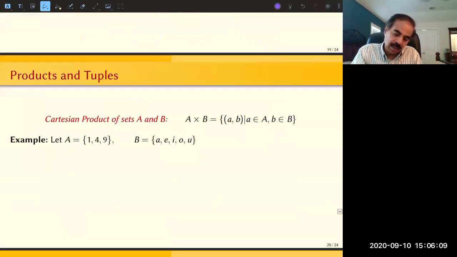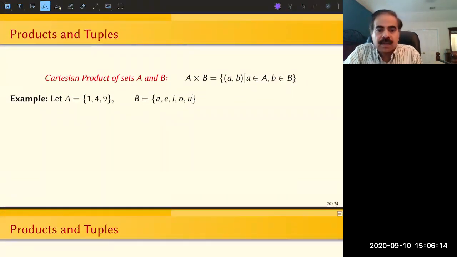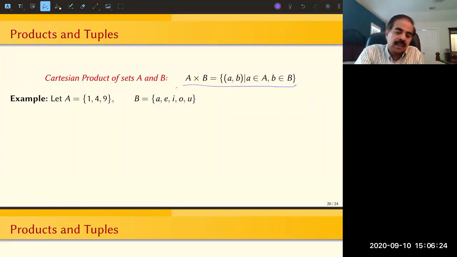Okay. So let's define a different operation called product. The Cartesian product of two sets is defined like this. You basically take one element from the first set and another element from the second set, and you construct this pair.